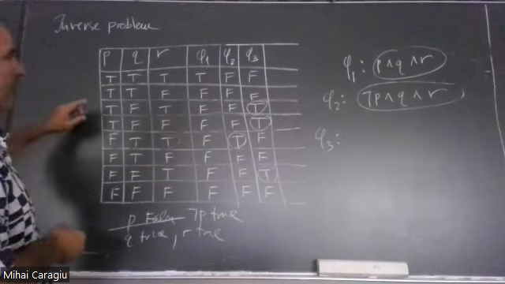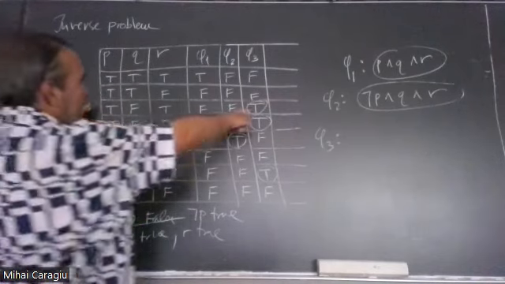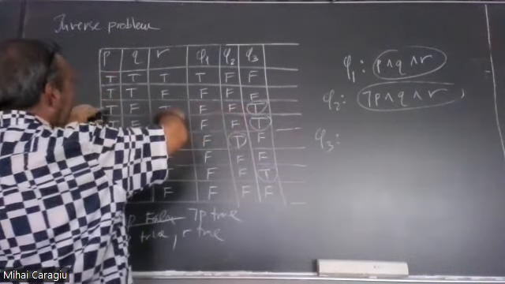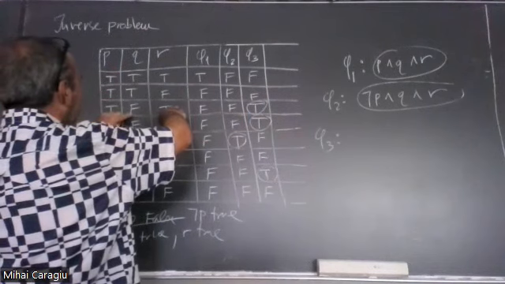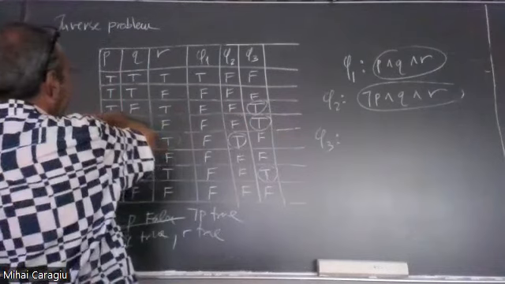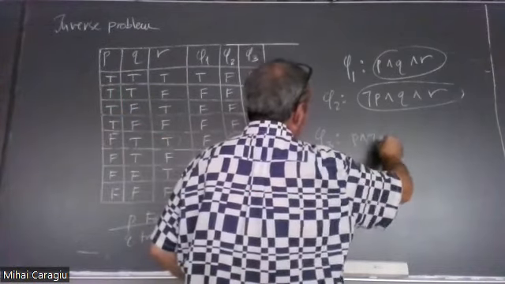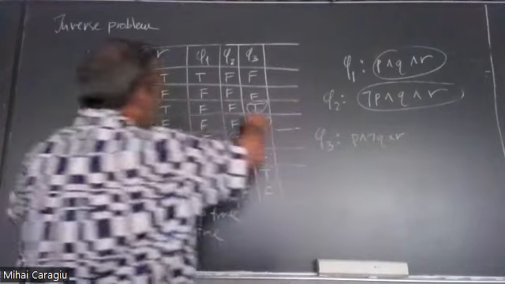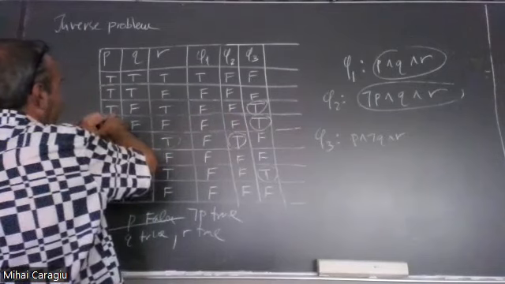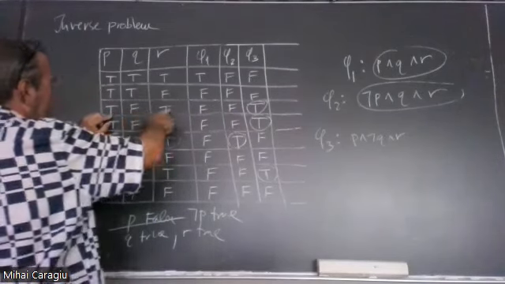For each T, write a conjunction of atoms or negations of the atoms. For the first T, go along its line. What do we get here? P true, Q false, R true. So we read this as P and non-Q and R. Because this T occurs when P is true, Q is false, or non-Q, and R is true.